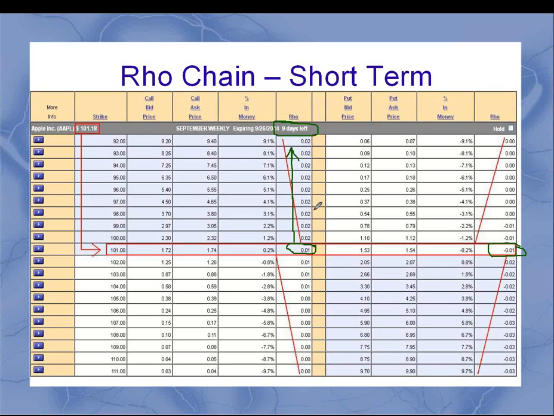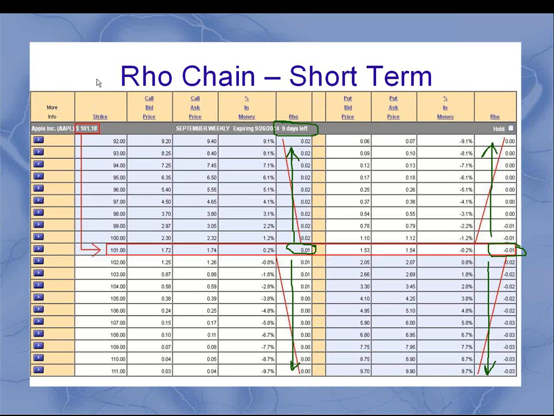So as we go to the lower strike prices on our calls, the Rho gains a little bit. As we go in the money with our puts, the absolute value of Rho, or the negative change, increases. But as you go out of the money, to the higher strike prices on the calls, Rho essentially gets lower. It has less effect. And same thing as we go to the lower strike prices on the puts, to our out-of-the-money puts, Rho has less of an effect as well.